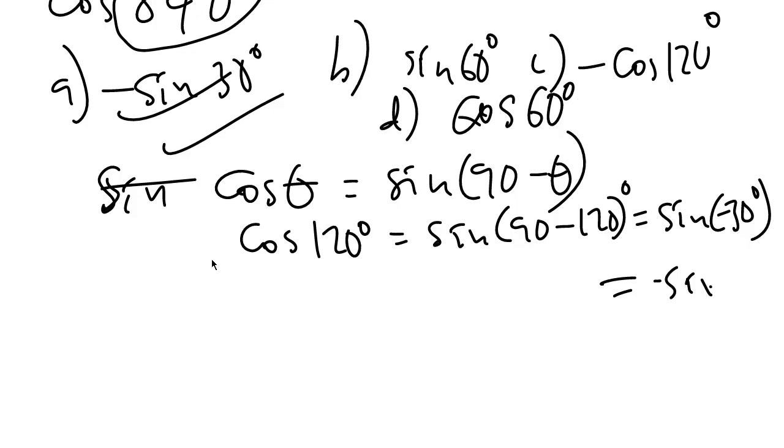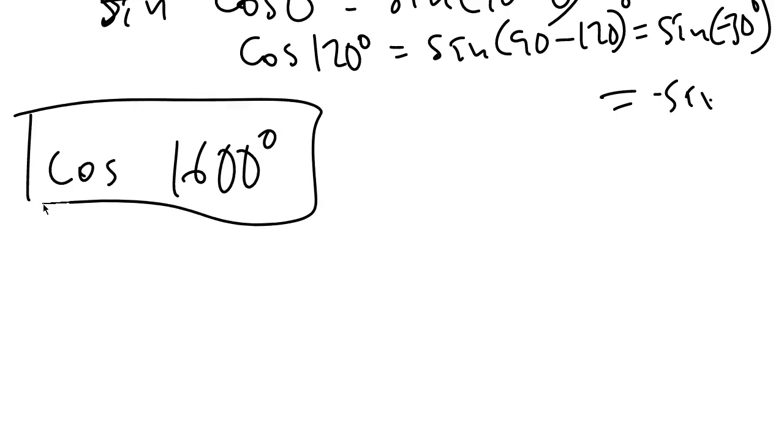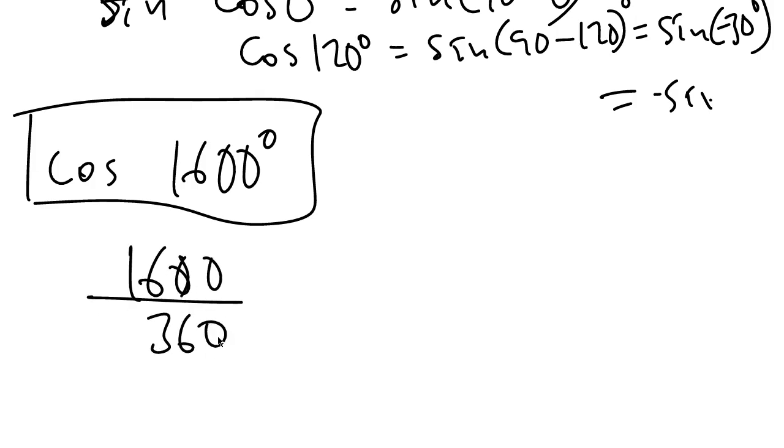Let's take this question. Let's say you are asked to get the value of cos 1600, and they say which of these is equivalent. What do you do? The base of all I've been explaining is divide the answer by 360. If this cancels this, you have 36. What is the closest to this?